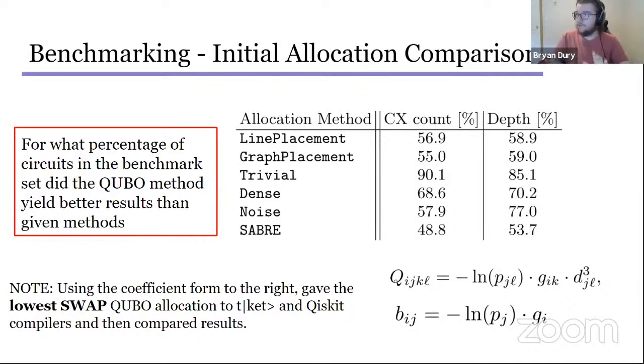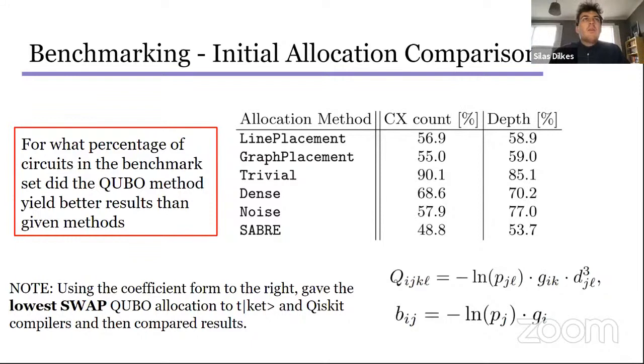But when you take all of those allocations and you feed them into another compiler like Qiskit and Ticket, you actually see that the correlation starts to die off and it becomes more clouded. So you really lose out on your predictive power of how these allocations are going to do at the end of the day after you run them through these compilers that are available.